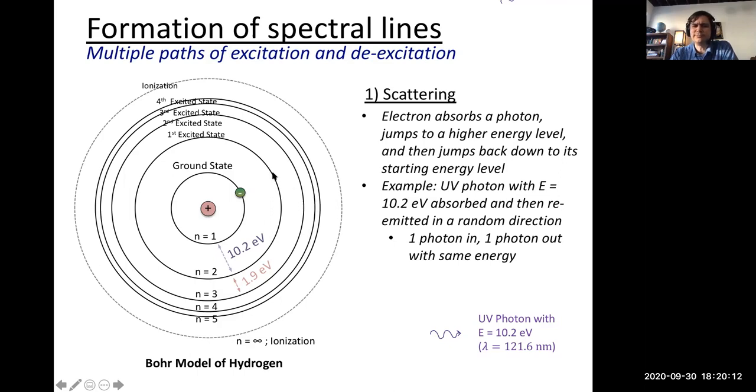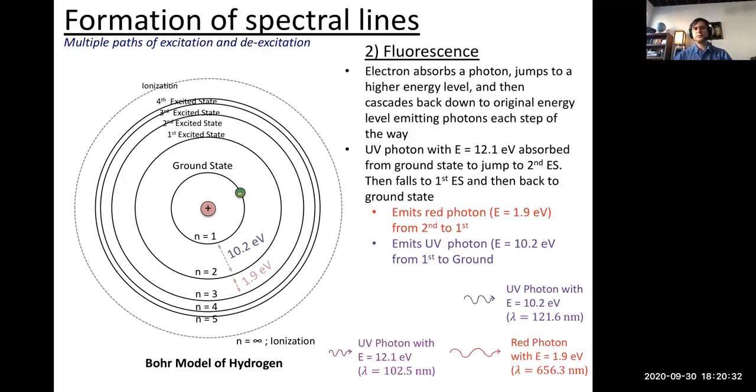That electron would go, I like my red photons, gobble them up and use that to jump from the first excited state to the second excited state. And then it could go from the second excited state back down to the first excited state in a scattering. Okay, so that's one method. All right, now we're going to get a little bit more complicated.